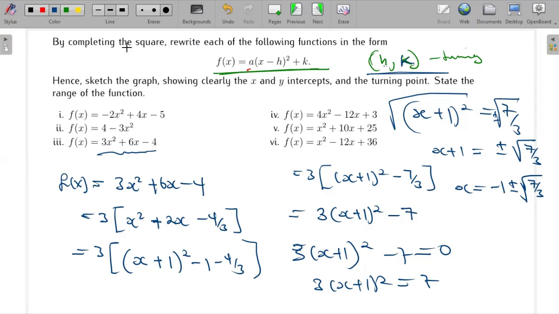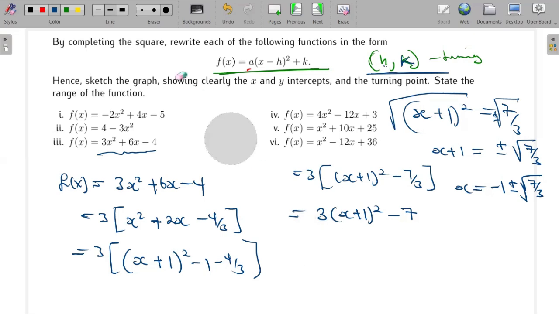Okay, so this is what you get there. So you have that your x values are negative 1 plus minus the square root of 7 over 3. You can also write it as square root of 7 over square root of 3.